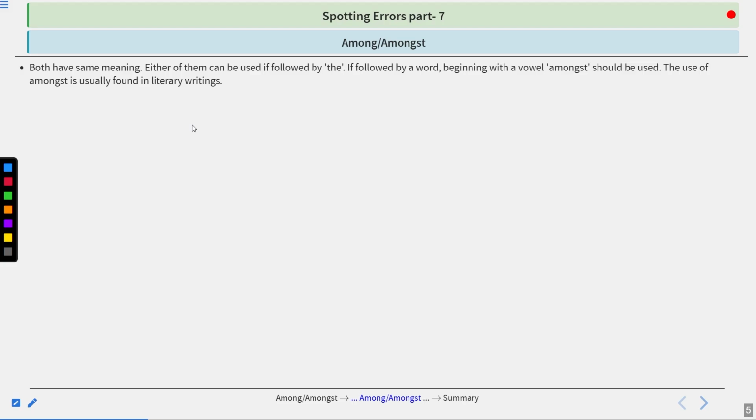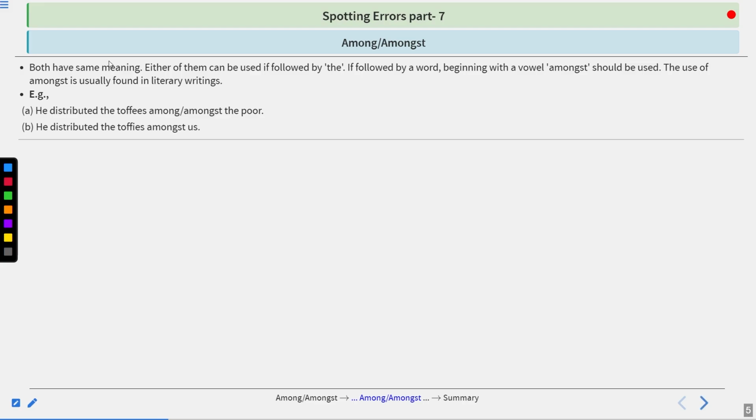He distributed the toffees amongst the poor. He distributed the toffees amongst us. So here us starts with a vowel. That's why we have used amongst.